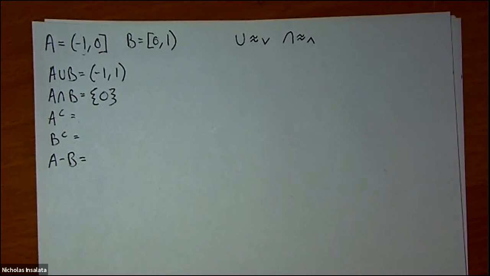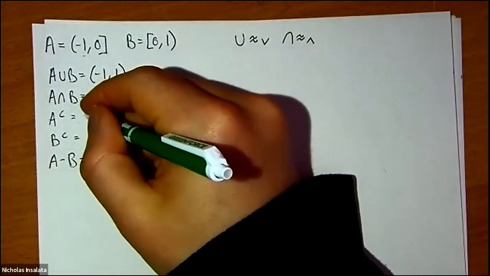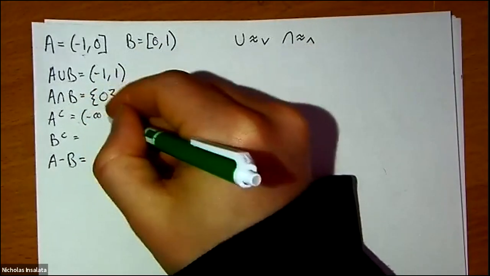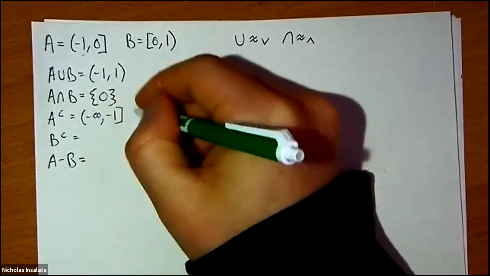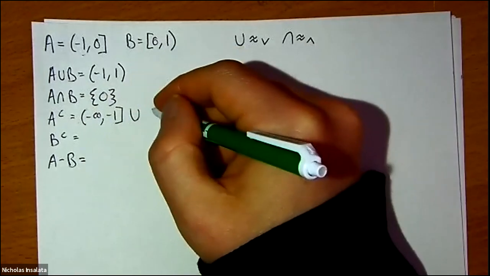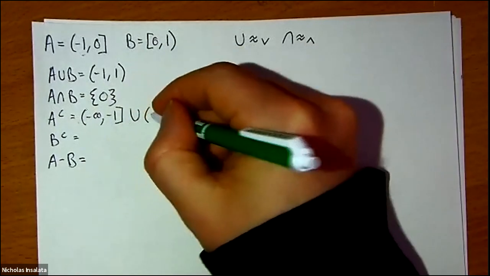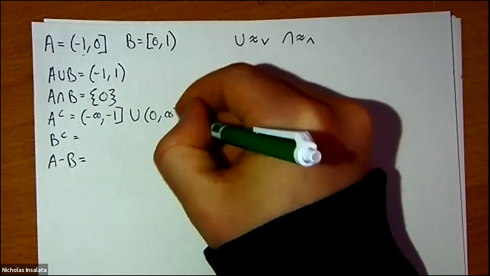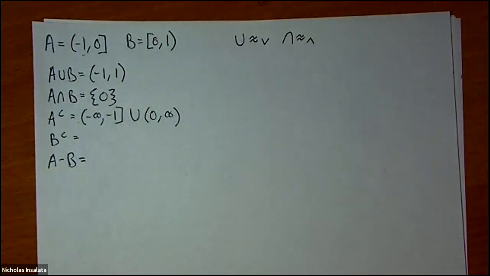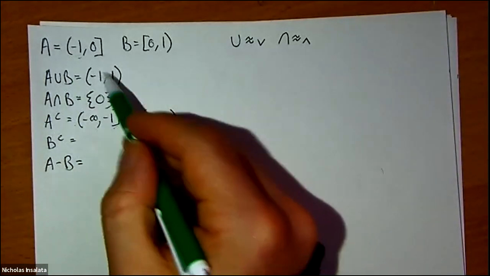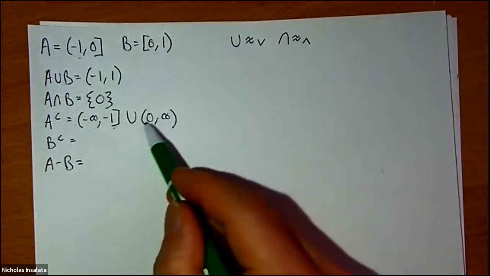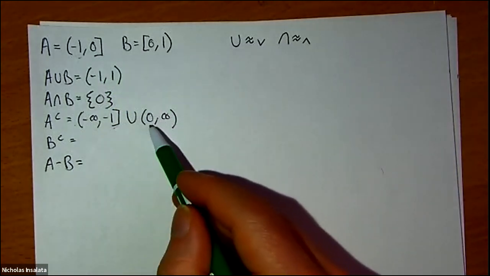But Sean, instead of and, I would say union. So from open negative infinity to -1 closed, union 0 open to infinity open. Very good. Because -1 was not in there, it is closed in the complement. 0 is in there, so it's not in the complement. Now it's open instead of closed.